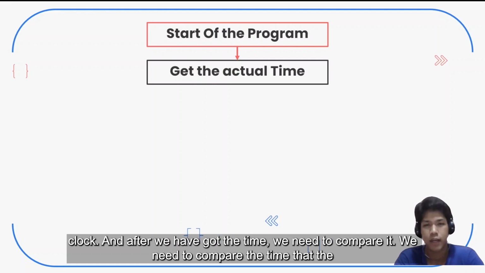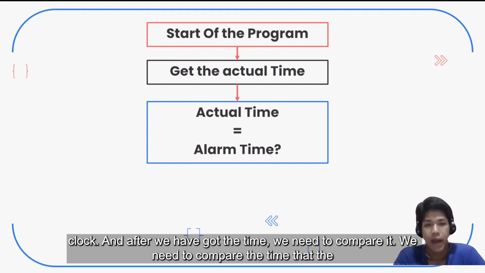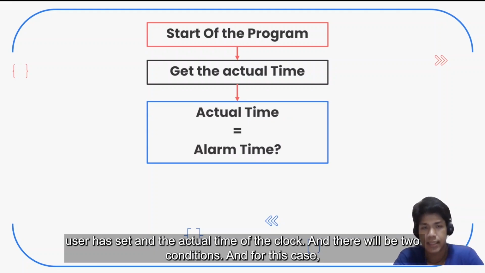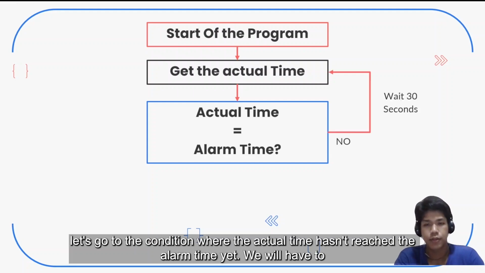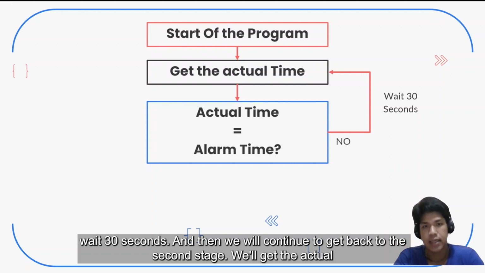And after we have got the time, we need to compare it. We need to compare the time that the user has set and the actual time of the clock. And there will be two conditions. For this case, let's go to the condition where the actual time hasn't reached the alarm time yet. We will have to wait 30 seconds and then we will continue to get back to the second stage.